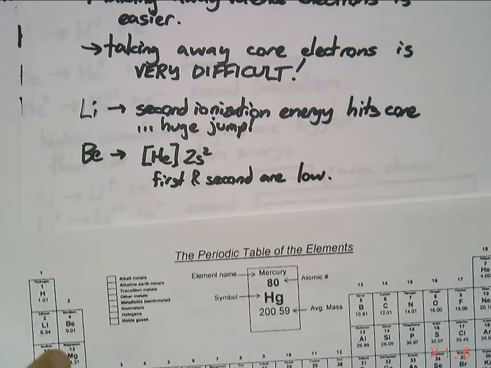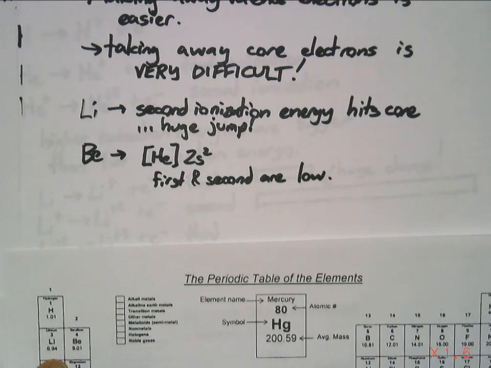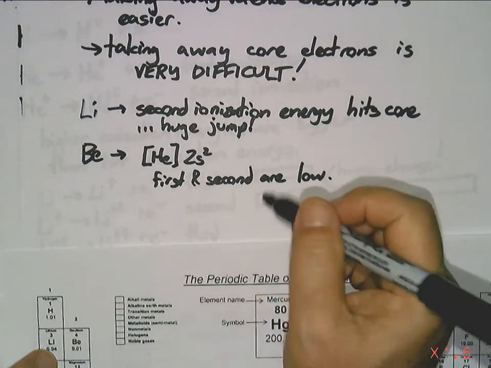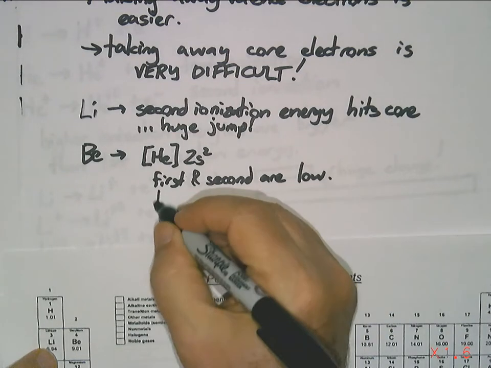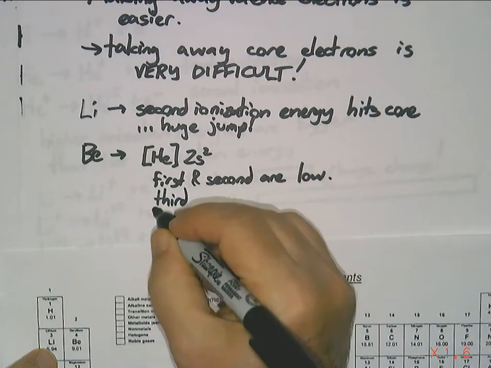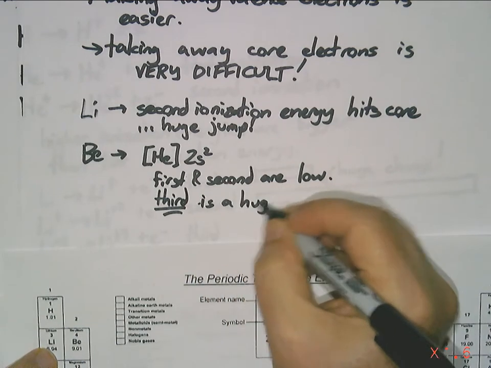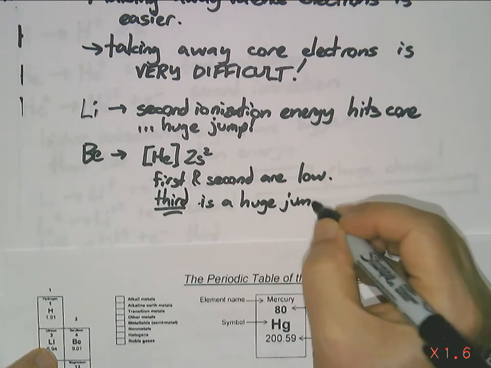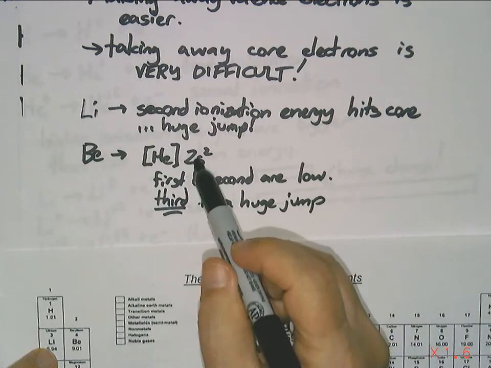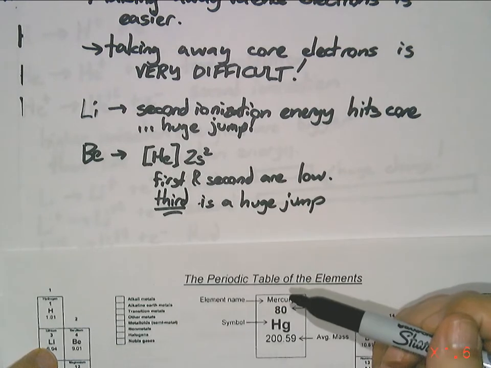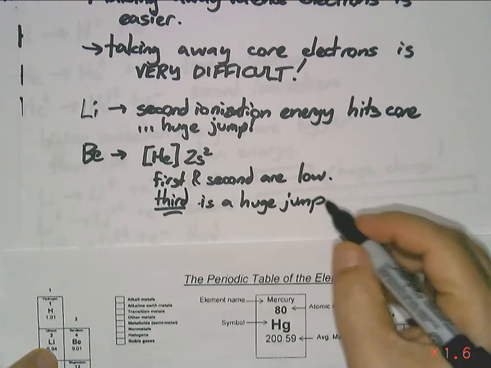The first and second ionization energies are going to be fairly low. You'd expect the second one to be higher than the first, right? But when you hit the third one, there's a huge jump in ionization energy when you try to take away more than 2. When you try to take away 3, you're dipping into the core.